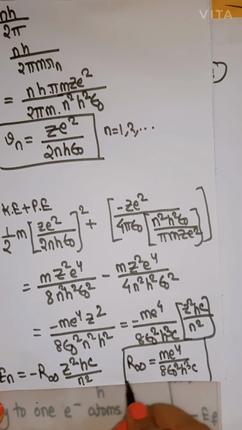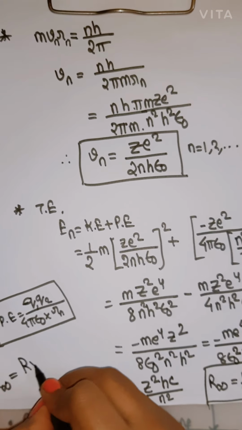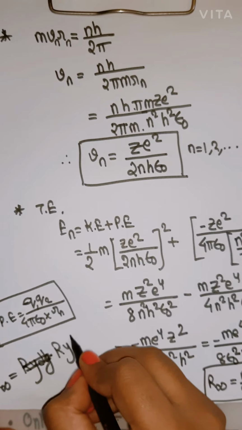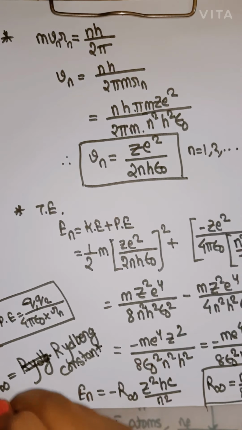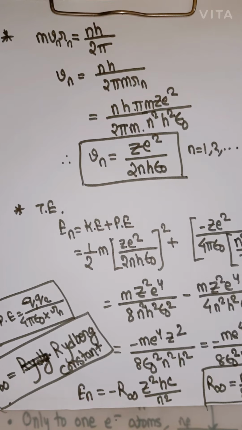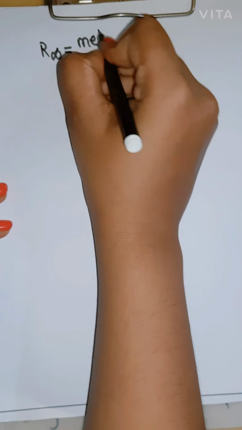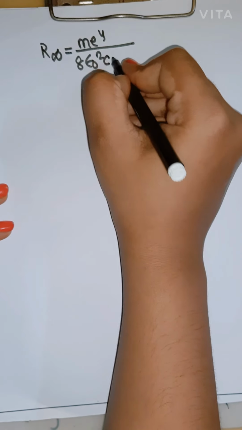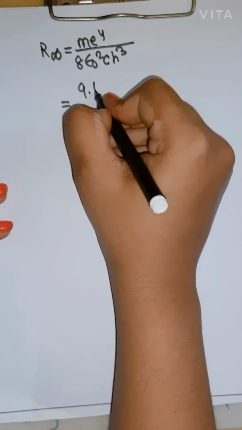This R is known as the Rydberg constant. Calculating the Rydberg constant, we have m e to the power 4 by 8 epsilon naught square c h cube, which is equal to, we'll put the values of the constants now.